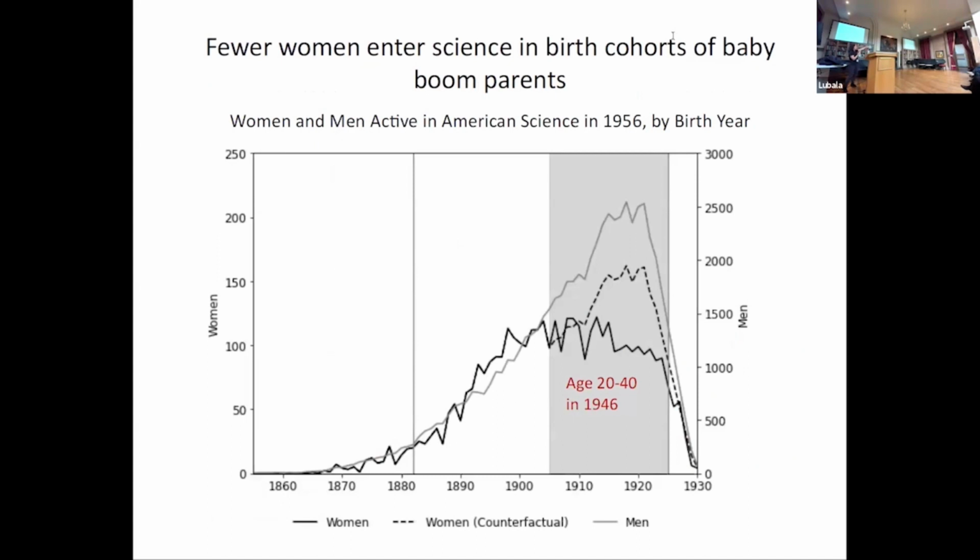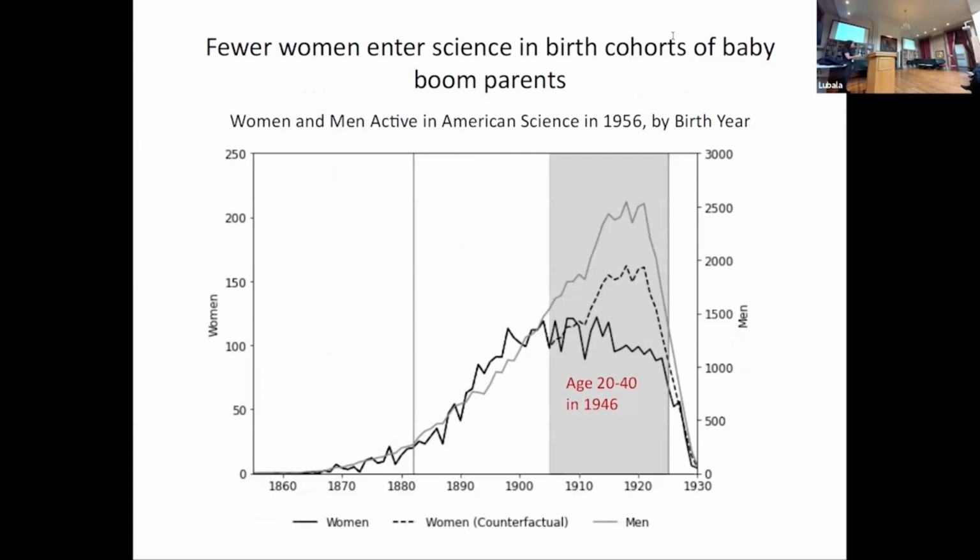This is the graph that actually motivated me to start this research. We noticed there was this dip. This is for men, and men act like these guys are too young to enter Men of Science. But then you notice that mothers flatten out.